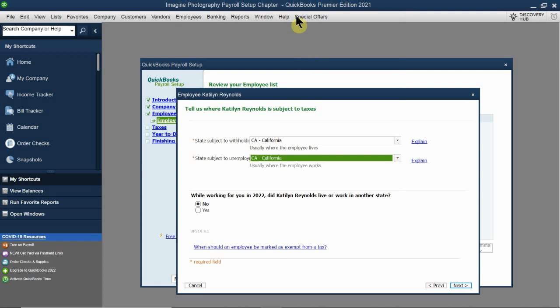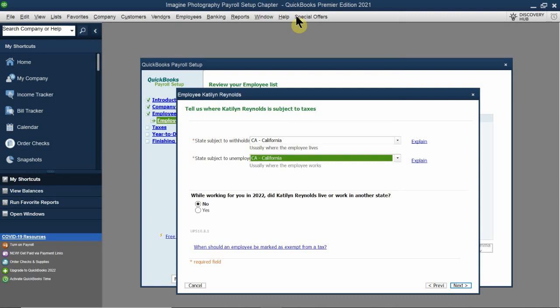And then here's the second question: while working for you in 2022, did Caitlin Reynolds have or work in another state? No. Okay? Why is this important?